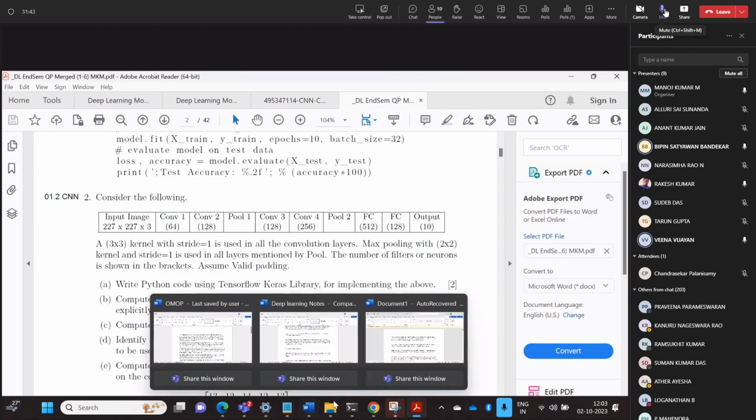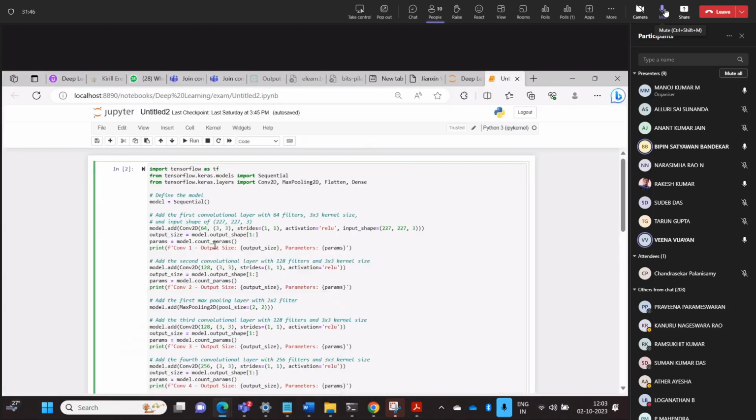What he's asking is, in that program, instead of 64, can he use a number greater than 227? 64 is your output number of channels, right? 227 is your input number of channels. So you will have a filter of size 3 by 3 into 227, that is the input channel size into output channel size.